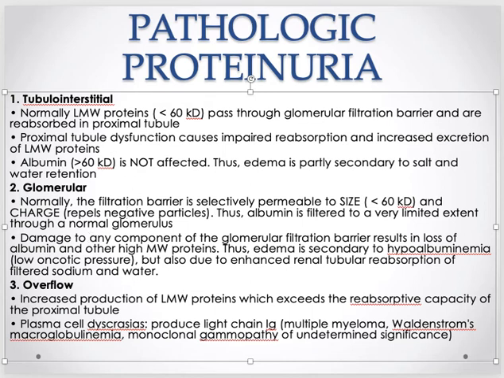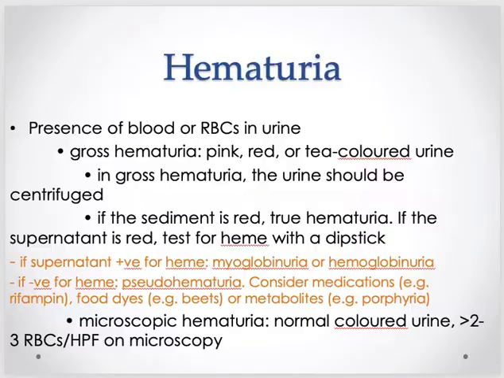We have done azotemia, we have done proteinuria, and now we will move on to one more thing called hematuria. So what does hematuria mean? Hematuria means blood in the urine, the presence of RBCs in urine. There are two types, gross and microscopic.